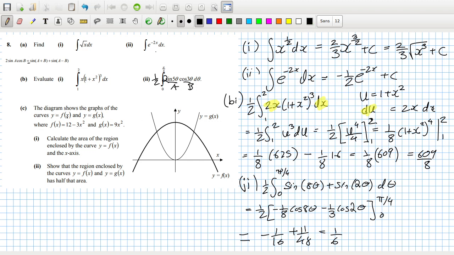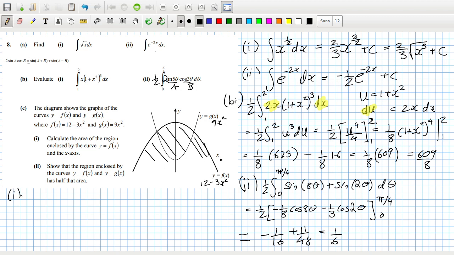The diagram shows the graphs of f and g, where we have that as f, and then that is g. Calculate the area of the region enclosed by the curve y equals f(x). So that's the whole area here.